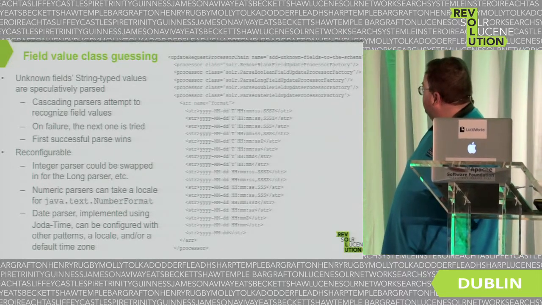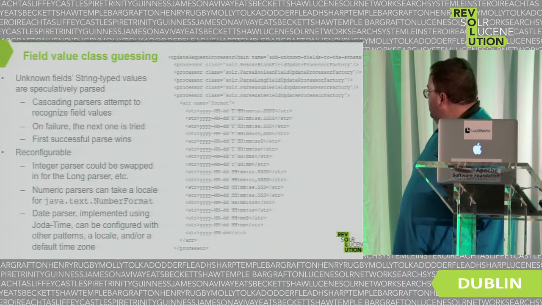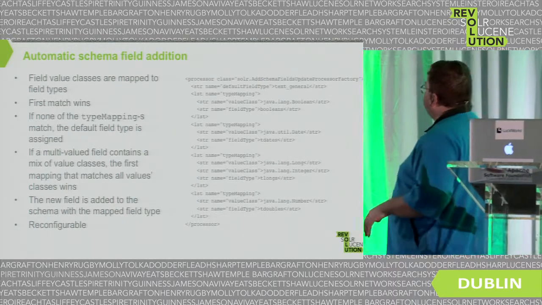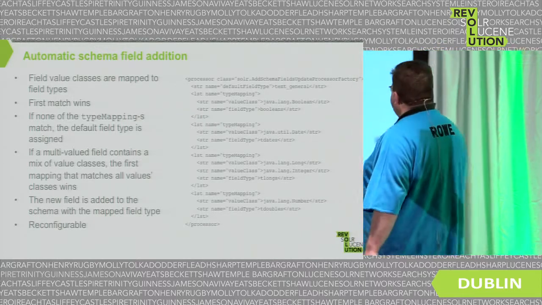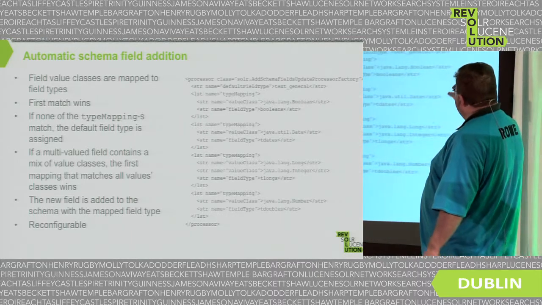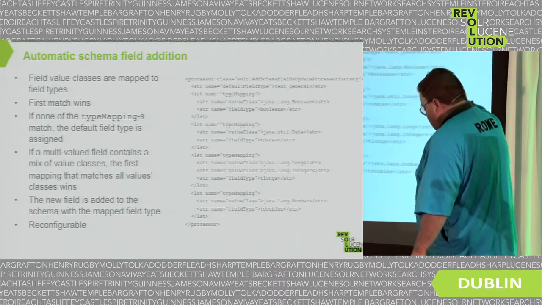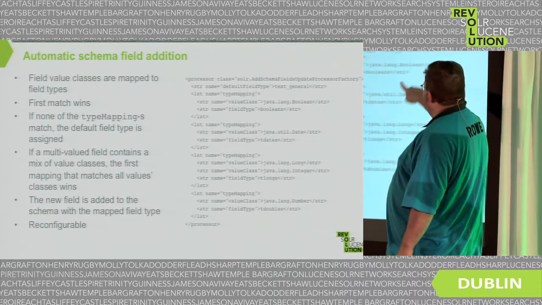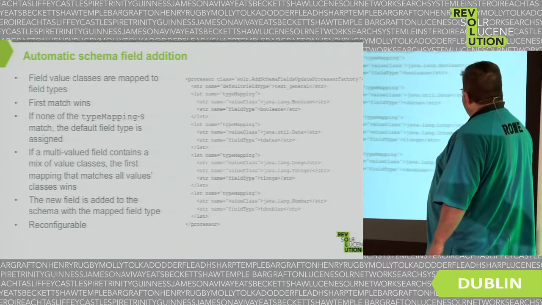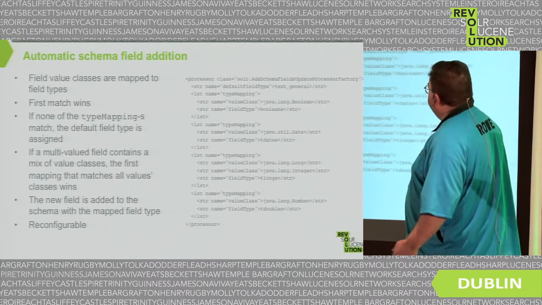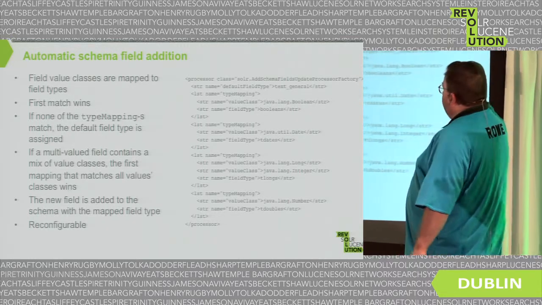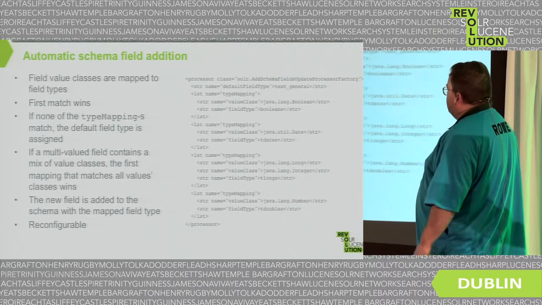It's just the final processor before the distributed and the log update processors. So as I was saying, the type mappings are applied in sequence. If it sees a field value with type Boolean, then the Boolean field type gets applied to it. And the first match wins. If none of them match, then the default field type that's specified here is assigned.